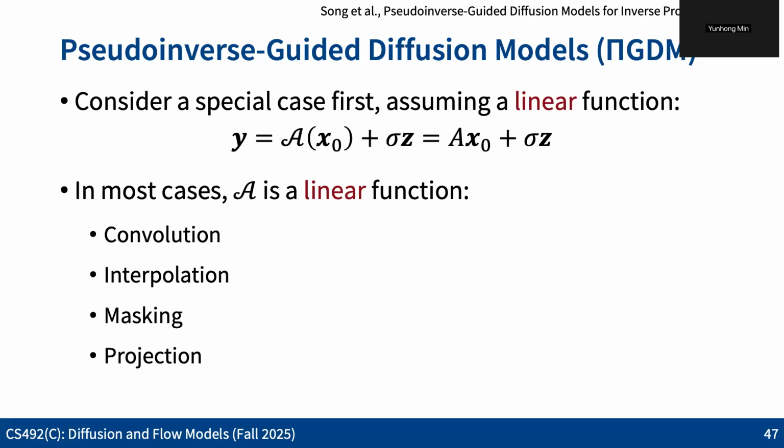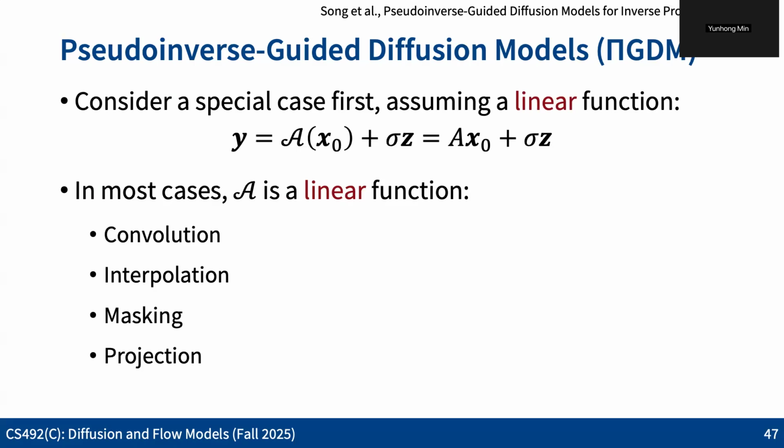For many of the examples we have seen in the previous slide, such as convolution, super resolution, masking, and projection, you can see that this A function becomes a linear function. So for many applications, the inverse problems we are seeing have a linear forward model.